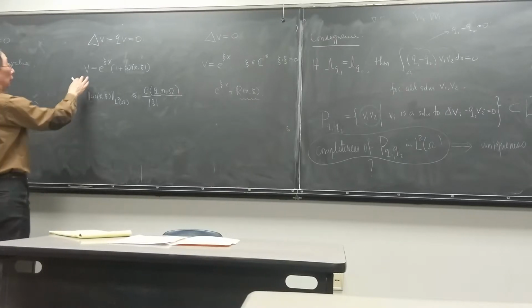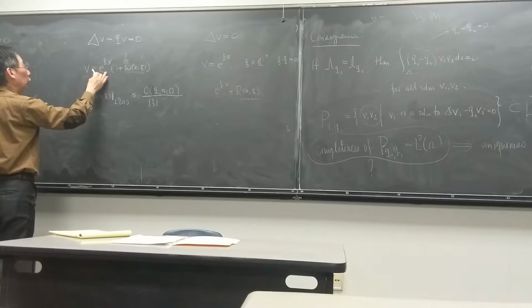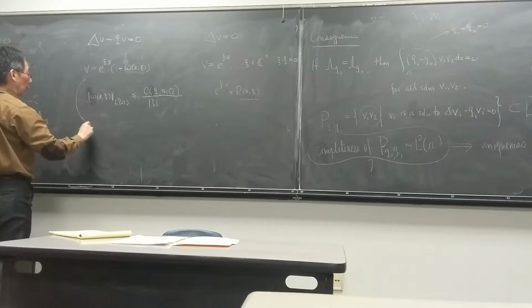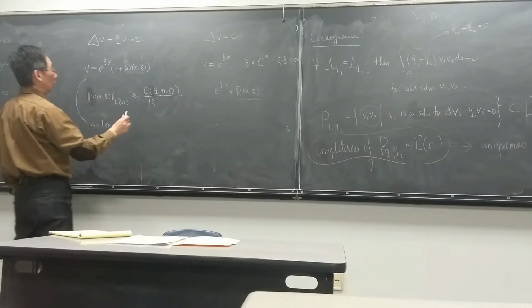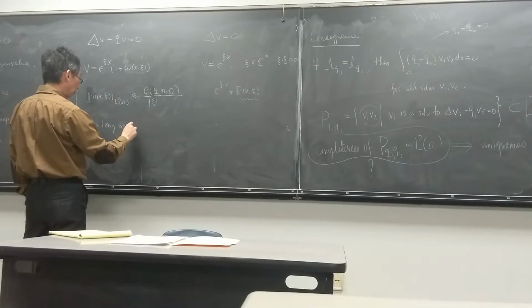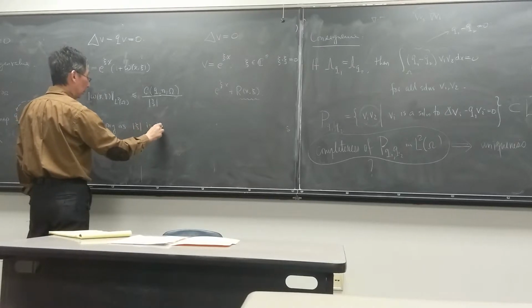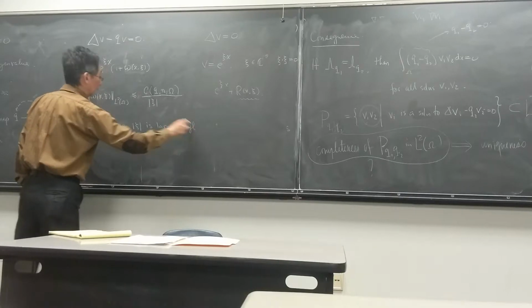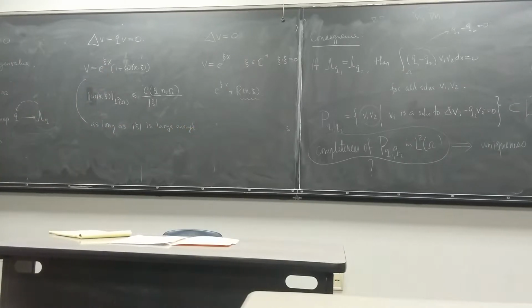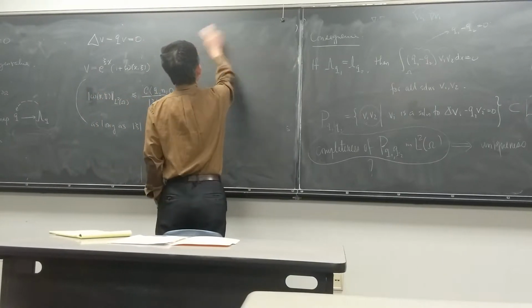Now people realized that this solution can be constructed in this way as long as this complex vector is large enough. It's large enough. Okay. Now here the construction is different.